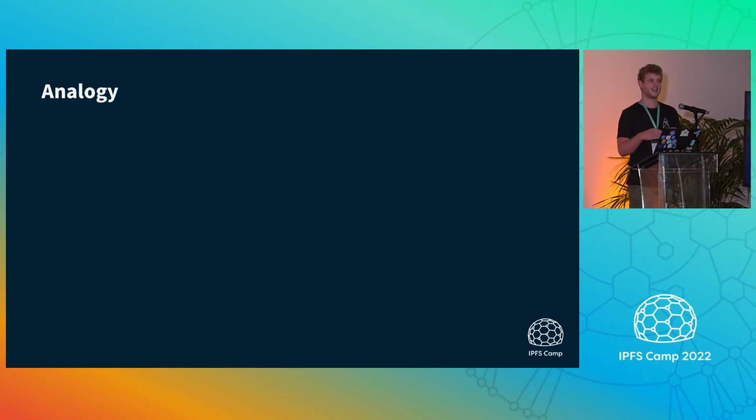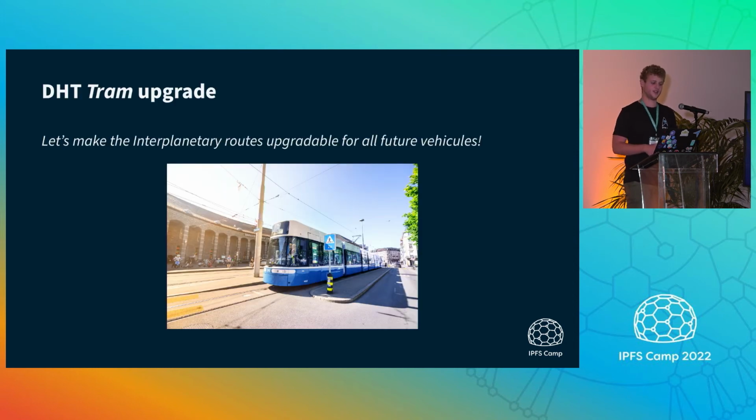And so that's the analogy where you keep the same peers, you keep the same road, but you just upgrade them, and you're going to drop the old roads that don't have rails. And so that's what I call the DHT Tram upgrade, because we want to add rails on the road. And let's make the interplanetary route upgradable so that we can have an interplanetary monorail, or our road can support rockets in the future, so we can upgrade our DHT according to the request.